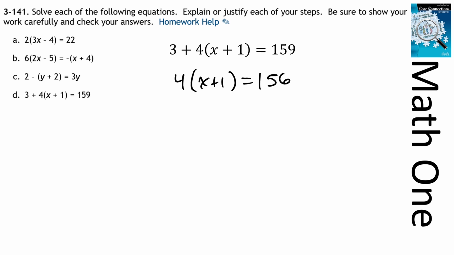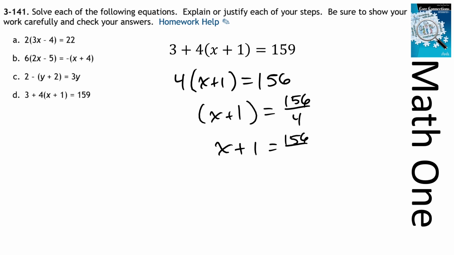I'm actually going to divide both sides by 4. So I get x plus 1 is equal to 156 divided by 4. Or I could say x plus 1 equals 156 over 4. Same thing. So when I do the arithmetic, this becomes x plus 1 equals 39. That's what I get when I take 156 and divide by 4. And finally, if I subtract 1 from each side, x is the number 38.